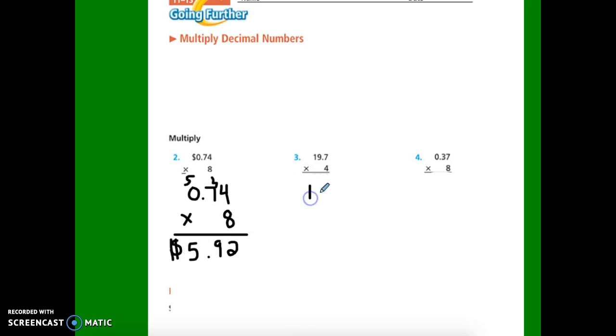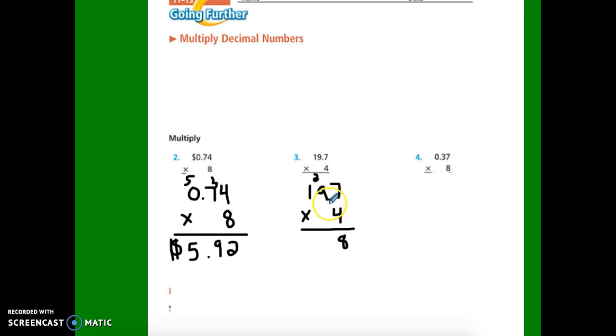So we have 19 7/10. We're going to times it by 4. So 7 times 4 is 28. Carry the 2. 9 times 4 is 36, 37, 38.